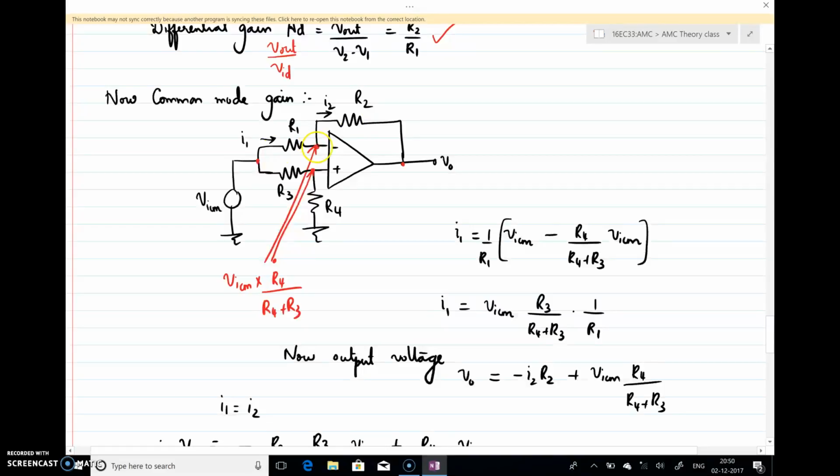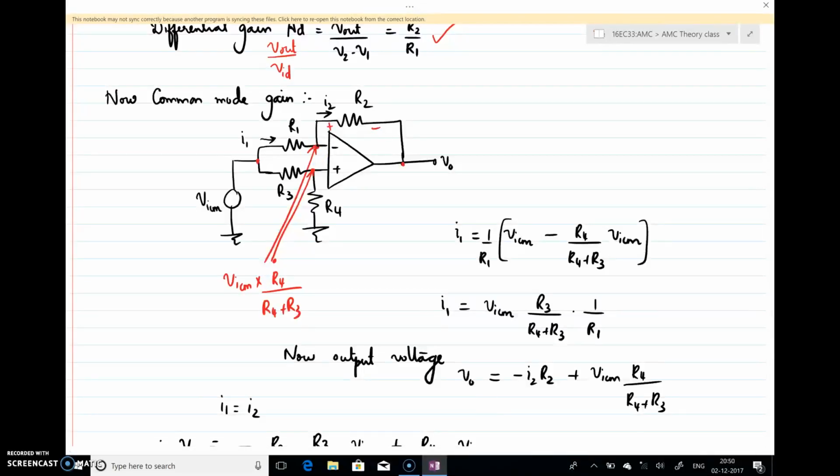plus the voltage from this point to ground. So the voltage at this node is VICM into R4 by R4 plus R3, plus the drop across R2, which will give you the output voltage. Since the current is flowing in this direction, the output voltage is minus I2 R2 plus this node voltage, and I2 is the same as I1, both currents are the same.